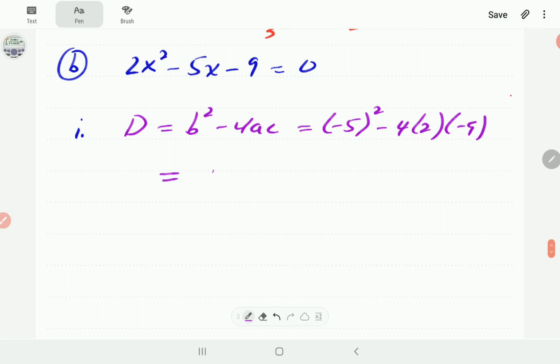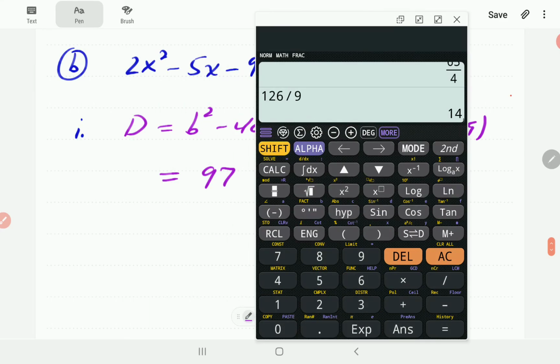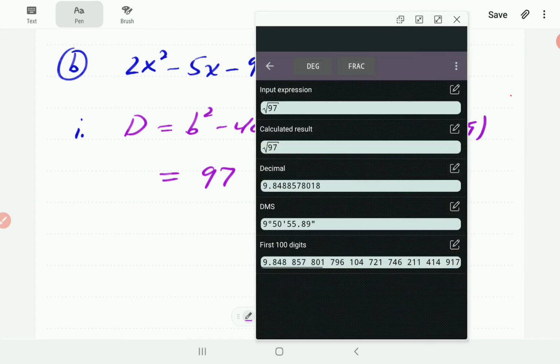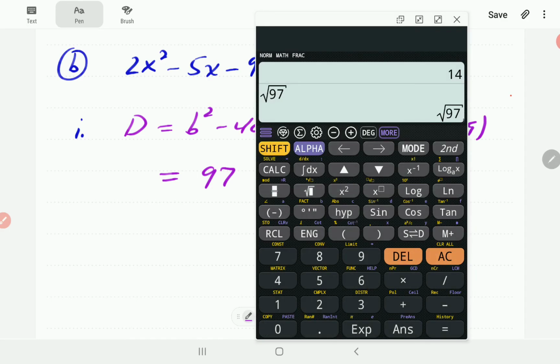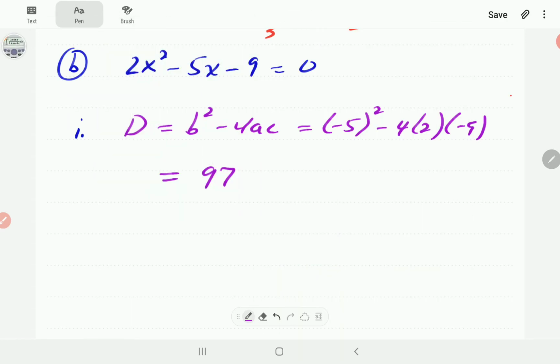That works out to 97. Then we check if 97 is a square number in case we are not sure, and we find that the decimal form of its square root is 9.848.